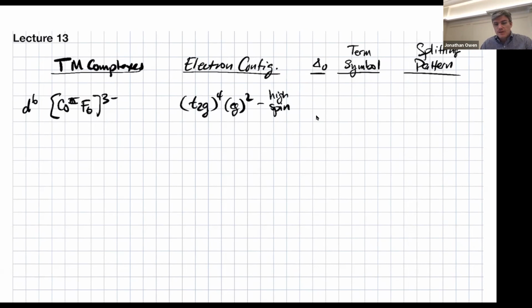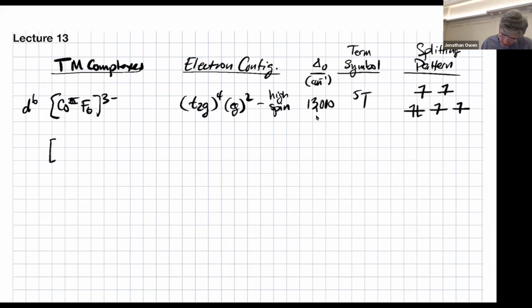So that complex is going to have a small delta O, relatively speaking, 13,000, in inverse centimeters. And it has a quintet T ground state that looks like this. There's your T2G4 Eg twice.